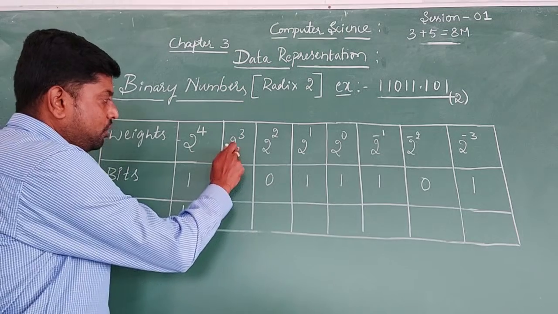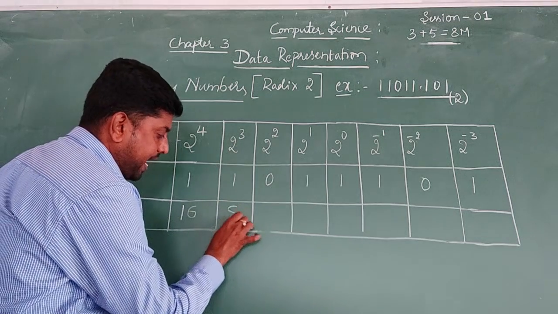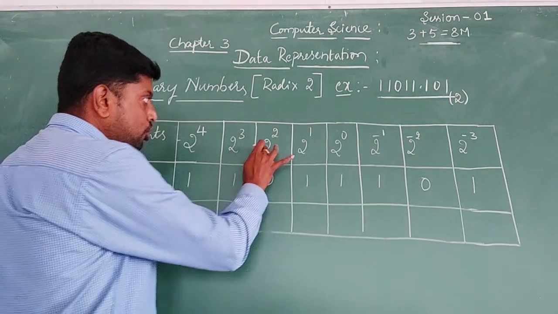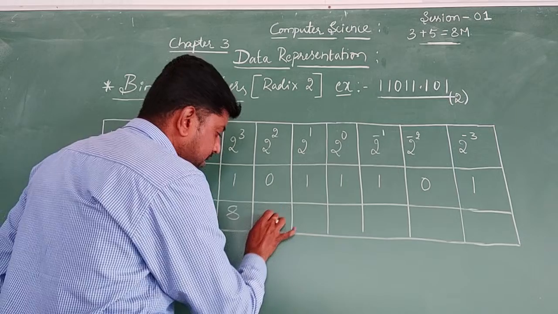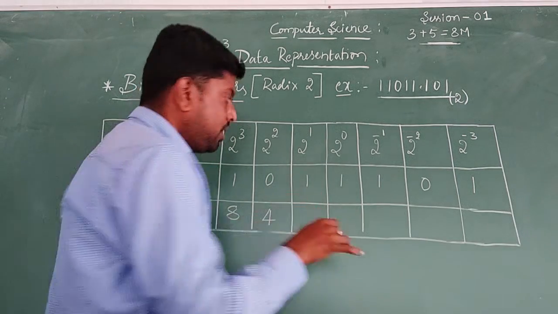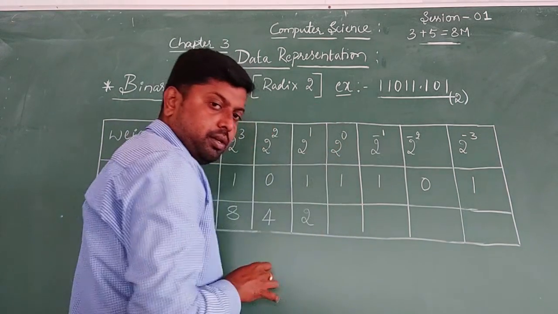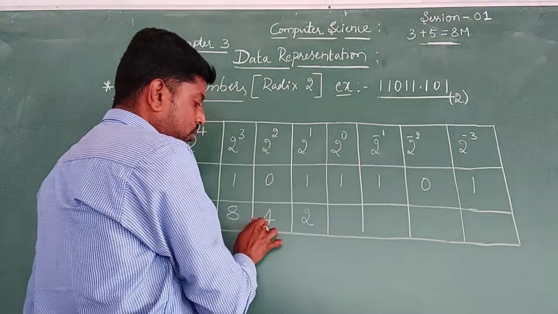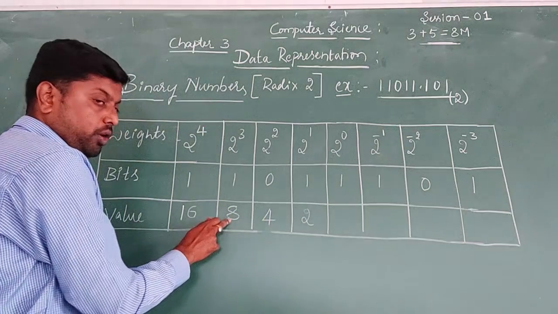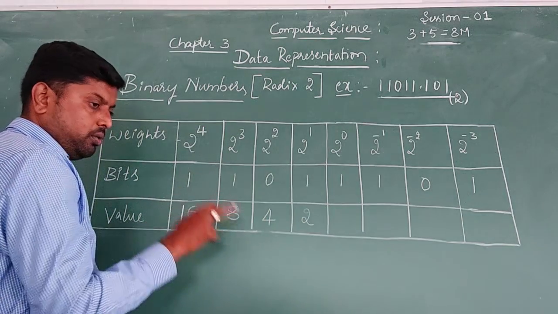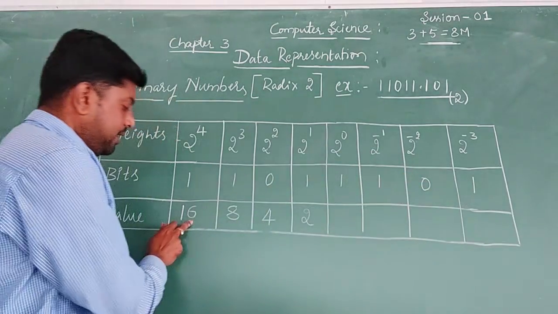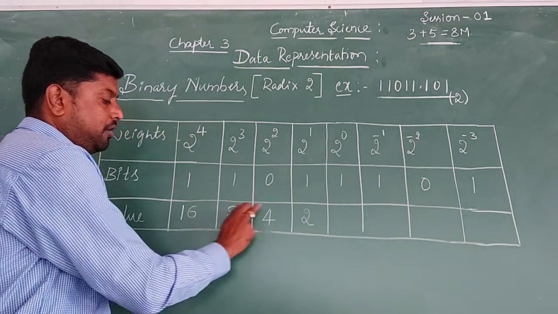Like that, 2 to the power of 3 means 8, 2 to the power of 2 means 4, and 2 to the power of 1 means 2. So 16, 8, 4, 2.